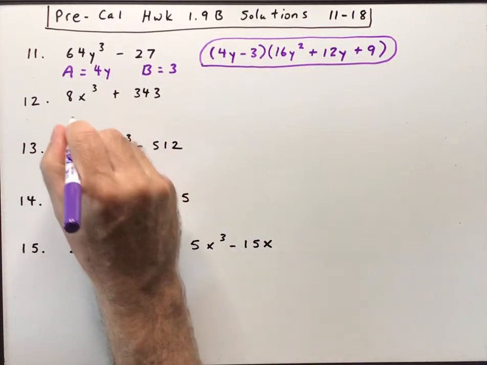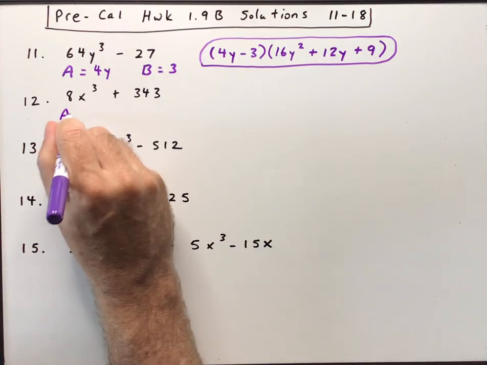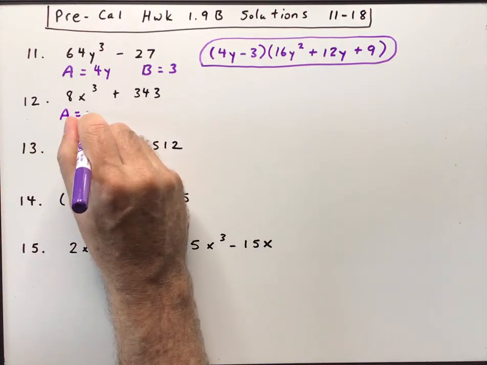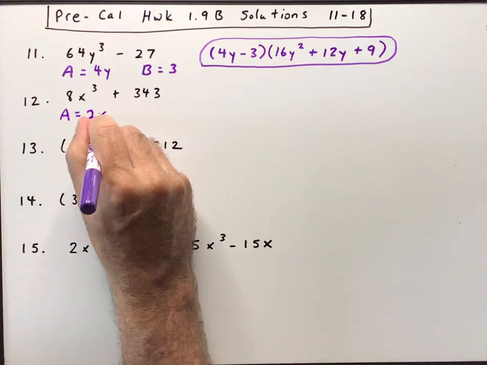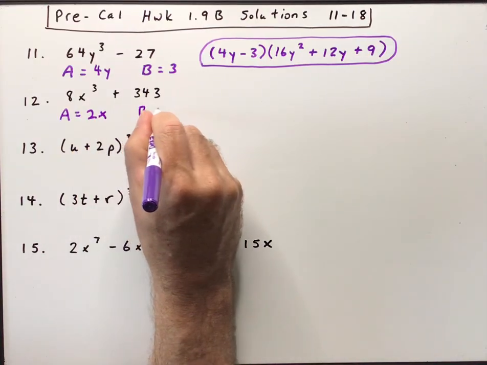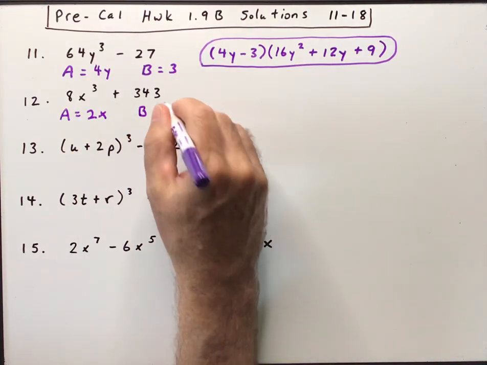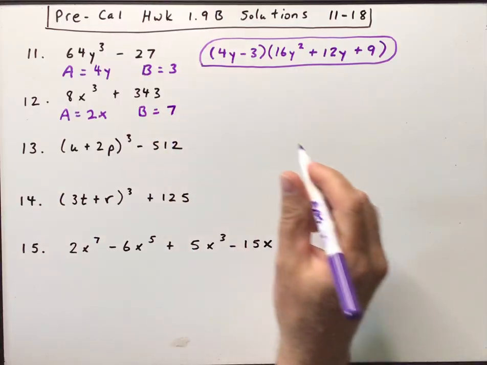Okay, for number 12, a is going to be the cube root of 8 is 2, and then the cube root of x cubed is just x. And then b, the cube root of 343, we've seen that in our lecture, is 7.